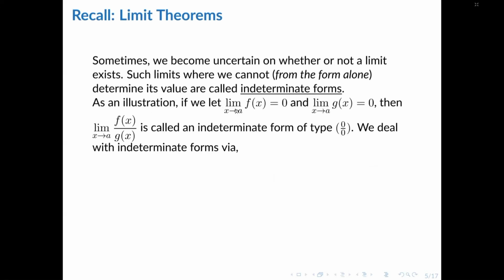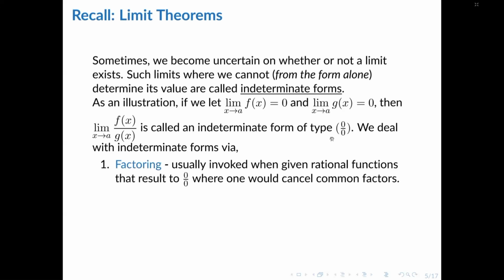As an illustration, if we let the limit of f of x as x approaches A be equal to 0, and the limit of g of x as x approaches A is equal to 0, then the limit of the ratio f of x over g of x as x approaches A is called an indeterminate form of type 0 over 0. Then we deal with indeterminate forms via other methods, so we can't use direct substitution in this situation.